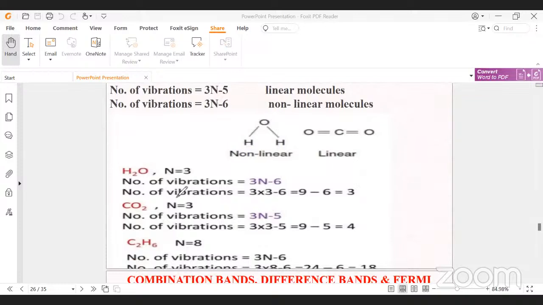Look at here, for example the H2O molecule.